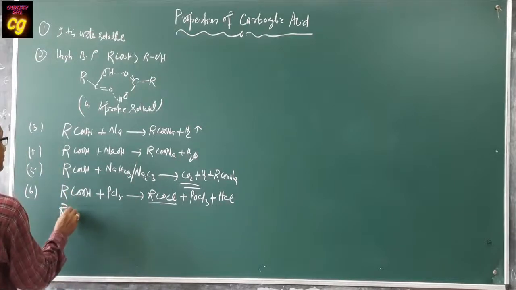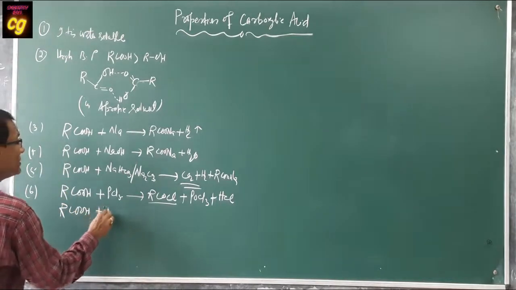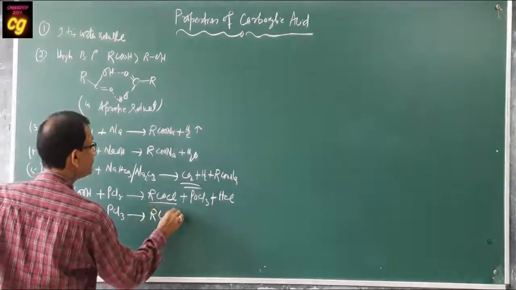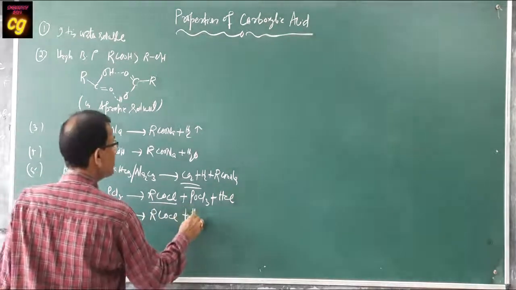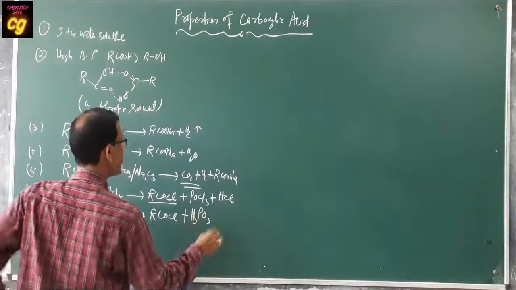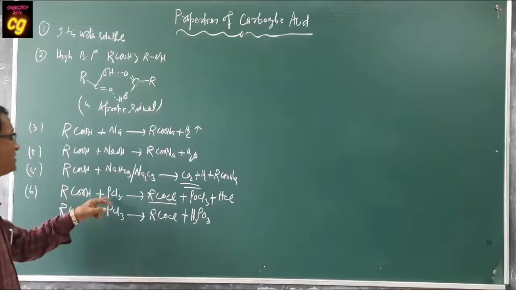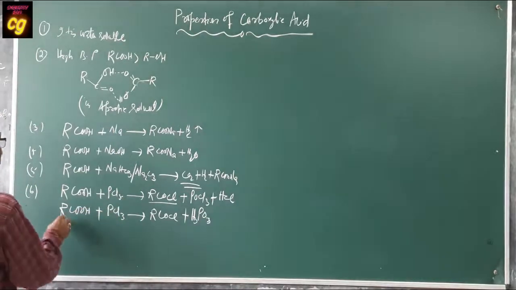Acid reacts with PCl3, forming the same acid halide plus H3PO3. You remember, this is the difference between PCl5 and PCl3.